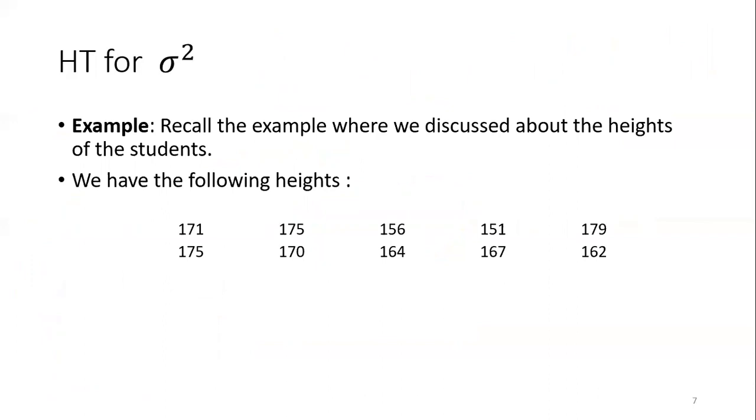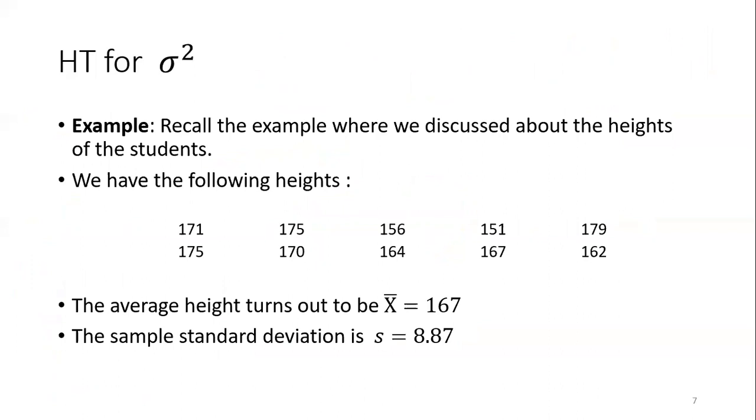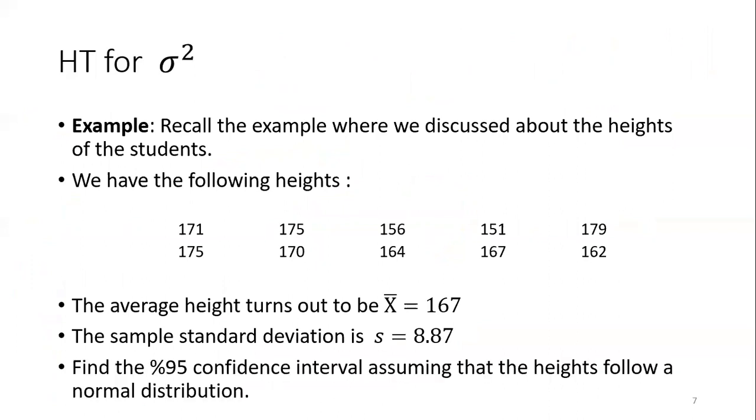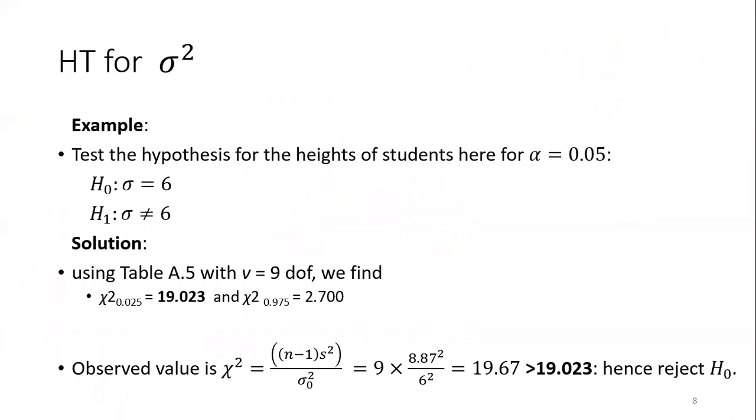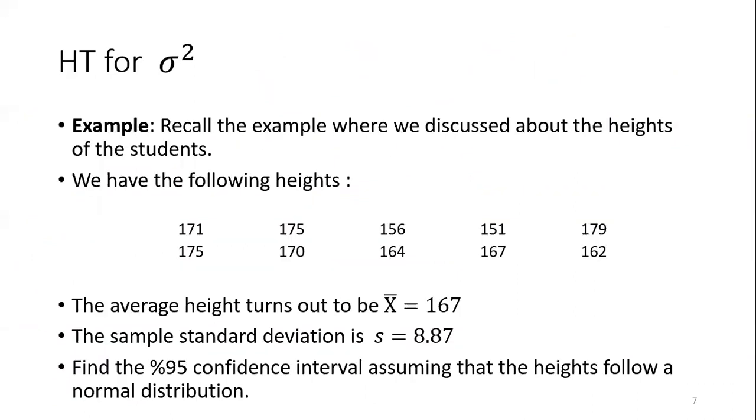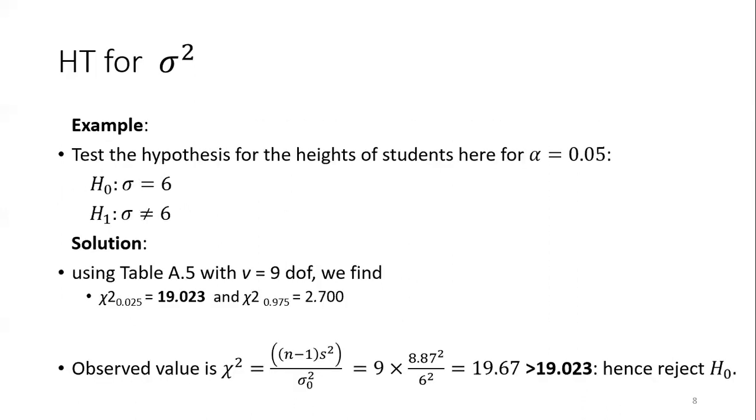Let's make an example. We have heights of 10 students, and their average is 167 and their sample variance is 8.87. We will find the confidence interval in the next slides, but for now, please test whether sigma is equal to 6 or not, that is, sigma square is equal to 36 versus sigma square is not equal to 36.